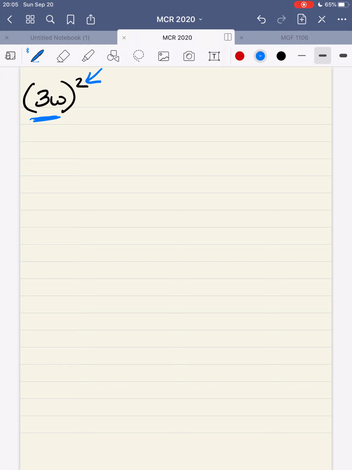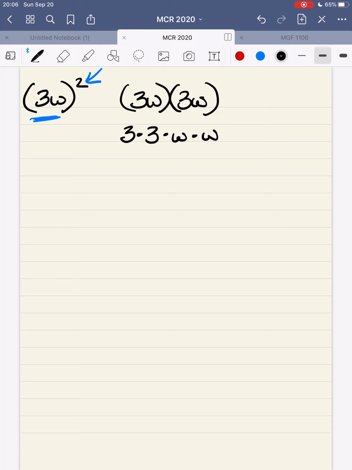So in this case, I have a 3w. That means I have 3w, and I multiply it again by 3w. If I wanted to break this down even further, I could say this is 3 times 3 times w times w.